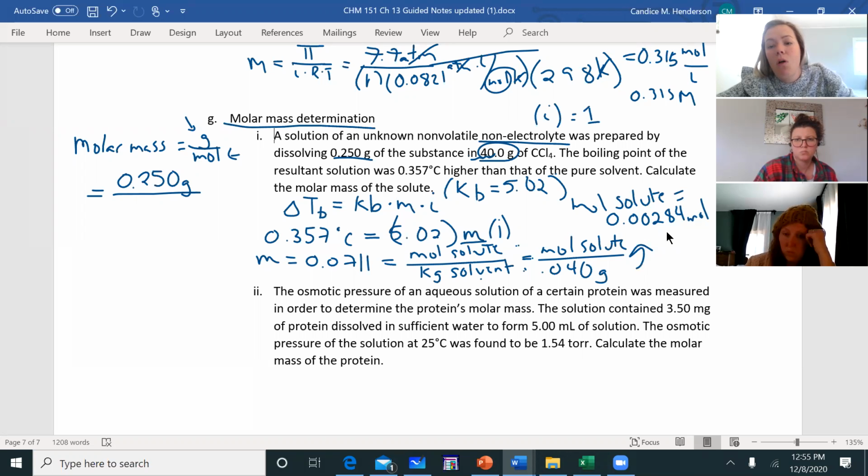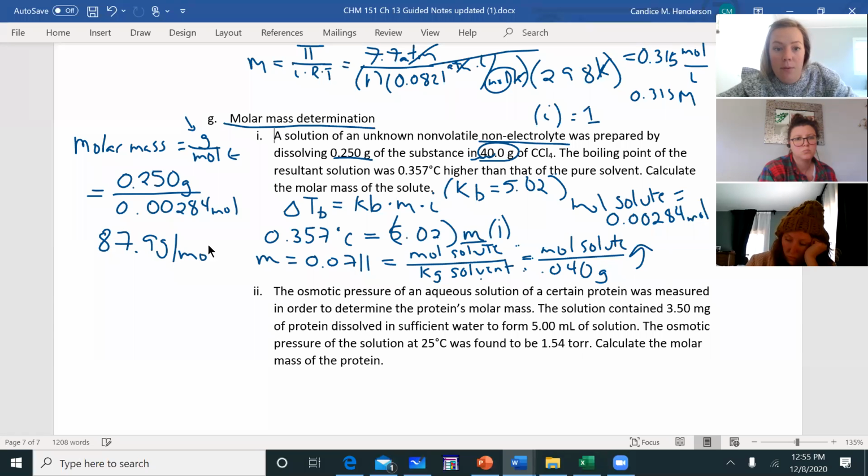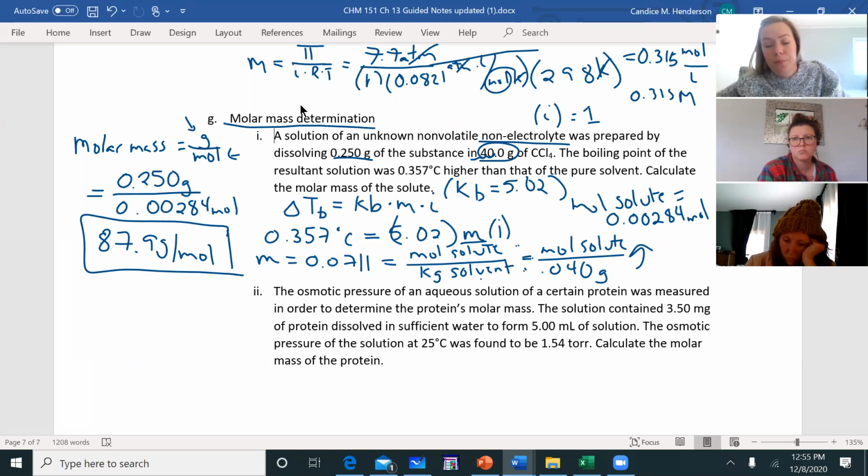Now I can take the moles and just thread it back into this equation over here, 0.00284 moles. Take the grams over mole. The units won't cancel, which is good because we want grams per mole in order to calculate molar mass. And I'll get 87.9 grams per mole.